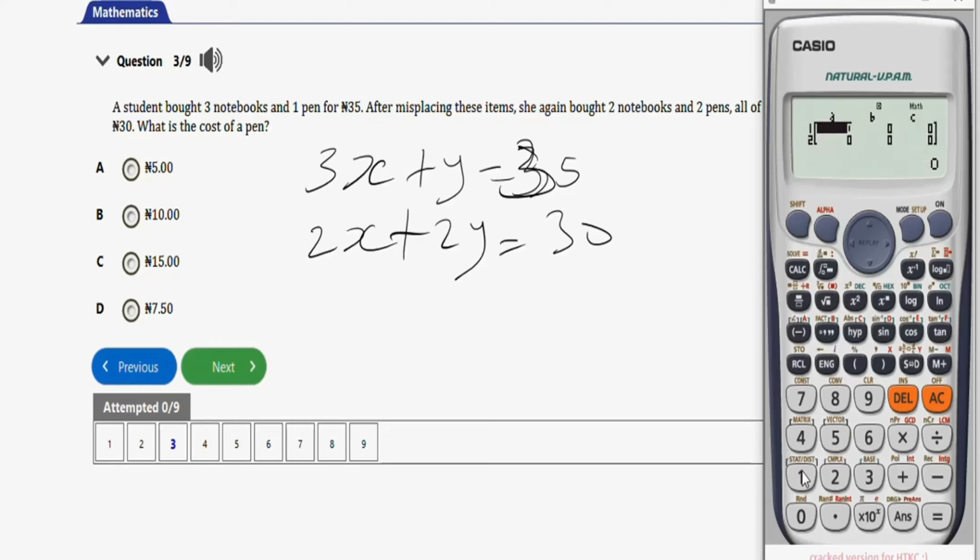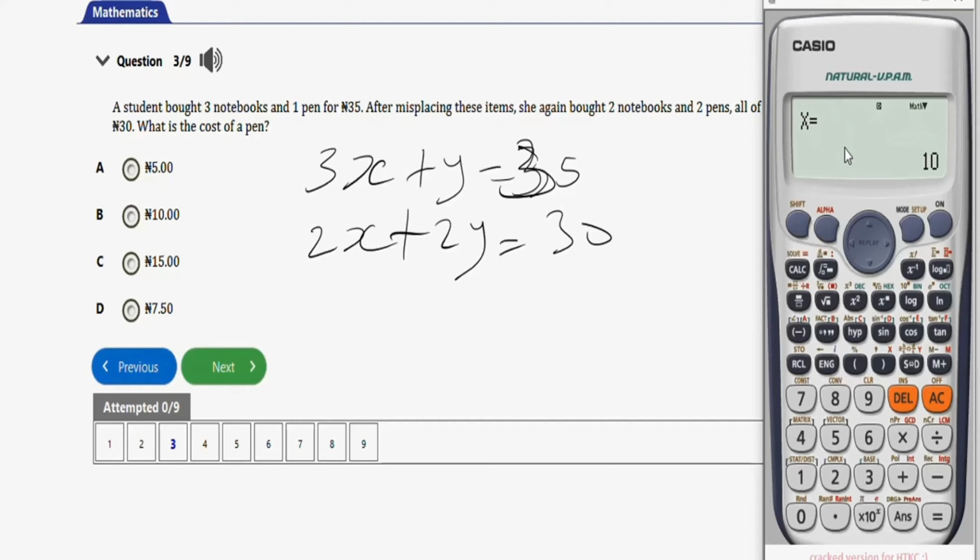The coefficient of x in equation 1 is 3, the coefficient of y is 1, and the constant is 35. For equation 2, the coefficient of x is 2, the coefficient of y is 2, and the constant is 30. That's how you get x and y respectively.